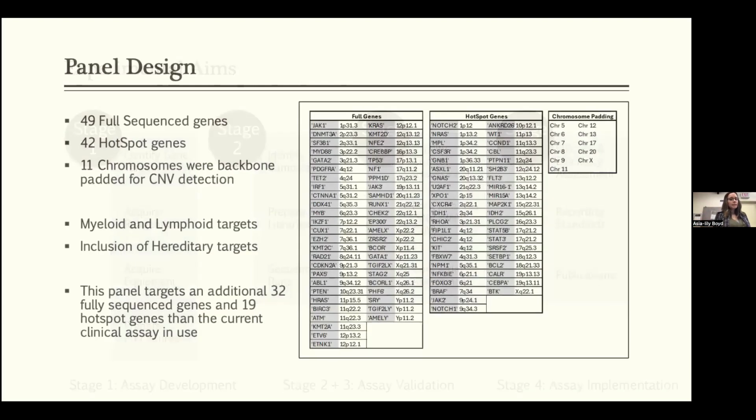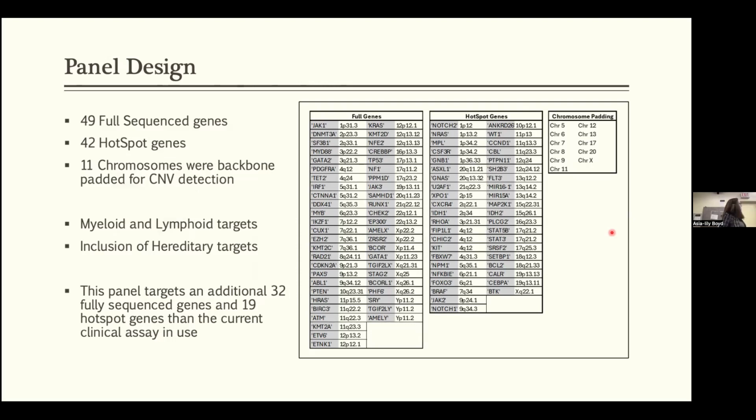So looking at the panel design. Through the wonderful minds of Dr. Quest and Dr. Ra, we designed this panel with 49 fully sequenced genes, 42 hotspot genes, and 11 chromosomes were chosen for the inclusion of extra backbone coverage.